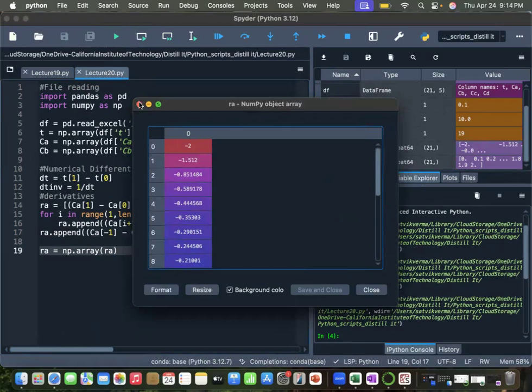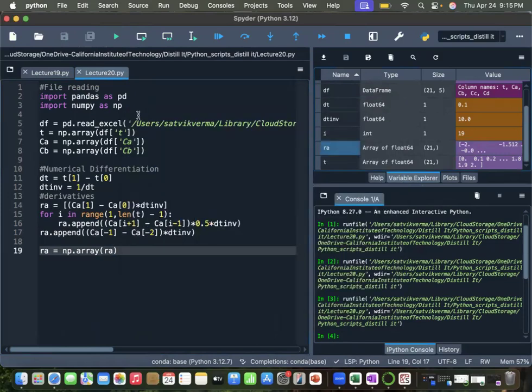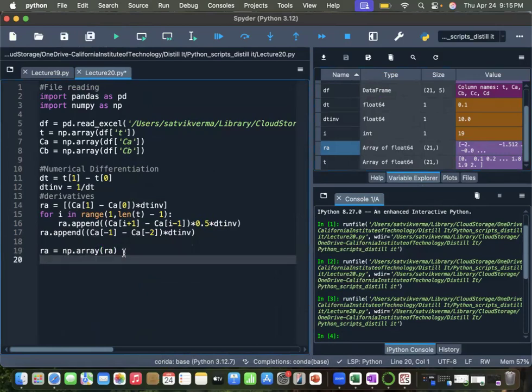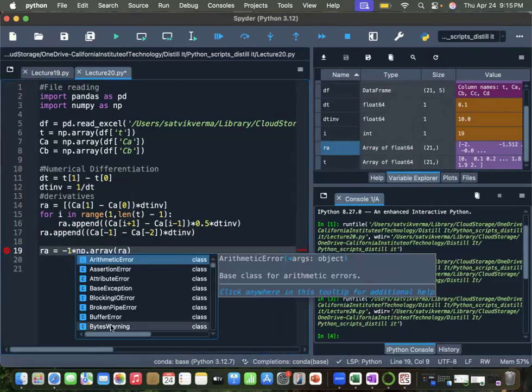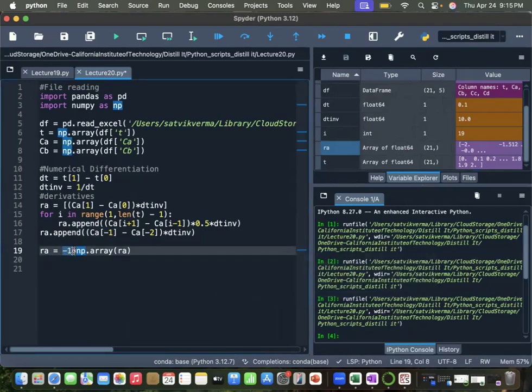Therefore we use minus RA to represent the rate of reduction of A, or rate of disappearance of A. That's a better way to represent the rate. So if I want to call this the rate of disappearance of A, I'll just multiply it by minus 1. That is equivalent to your minus RA, right? So that is what we have done.